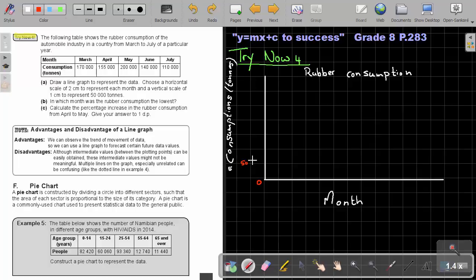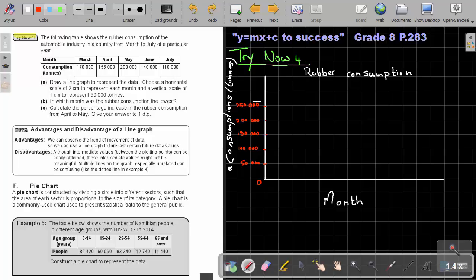This is 50,000, and this is 100,000, and this is going to be 150,000, and this is going to be 200,000, and this is going to be 250,000. Okay, it's just up to here.